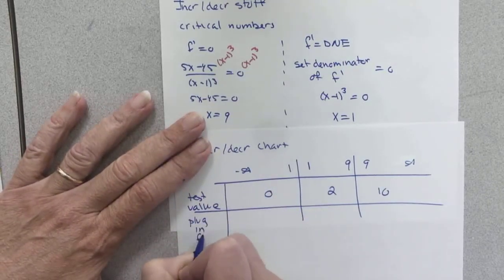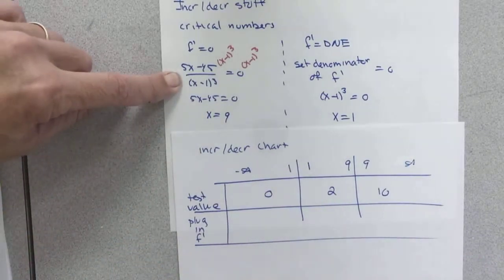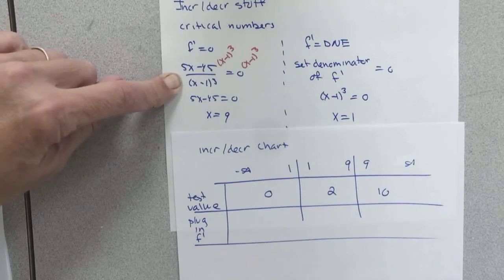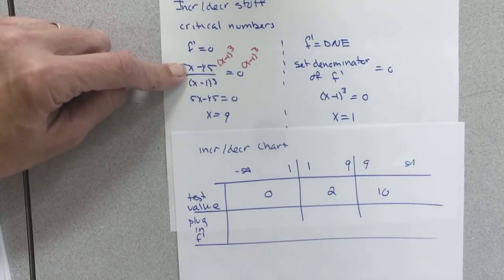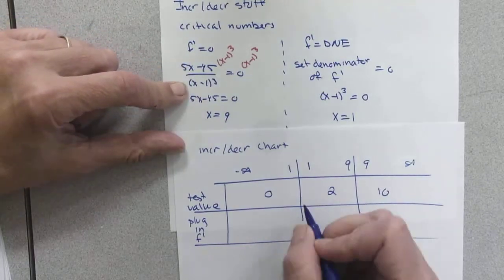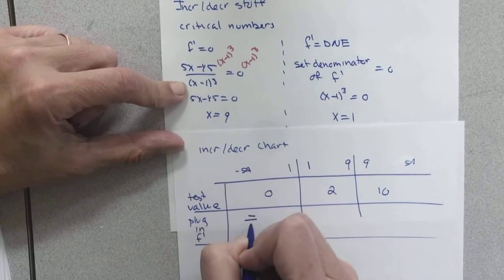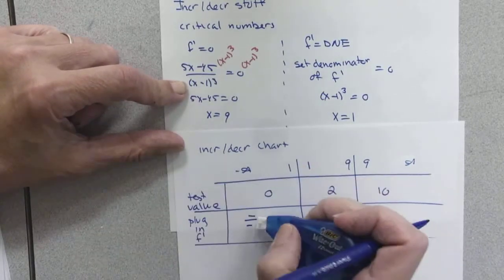And then I plug into the first derivative, which is right here essentially. So if I plug 0 in there, my numerator is going to be negative 45. My denominator is going to be negative 1. I'm going to have a negative over a negative, which will give me a positive.